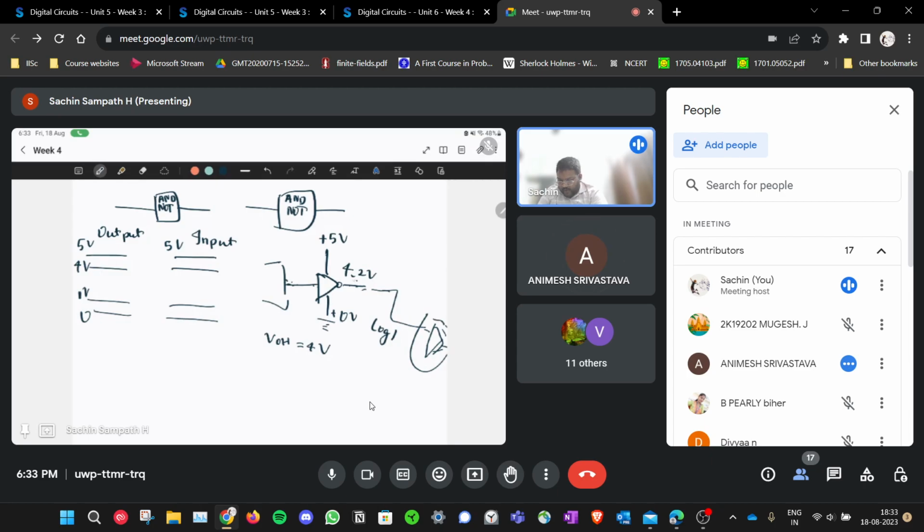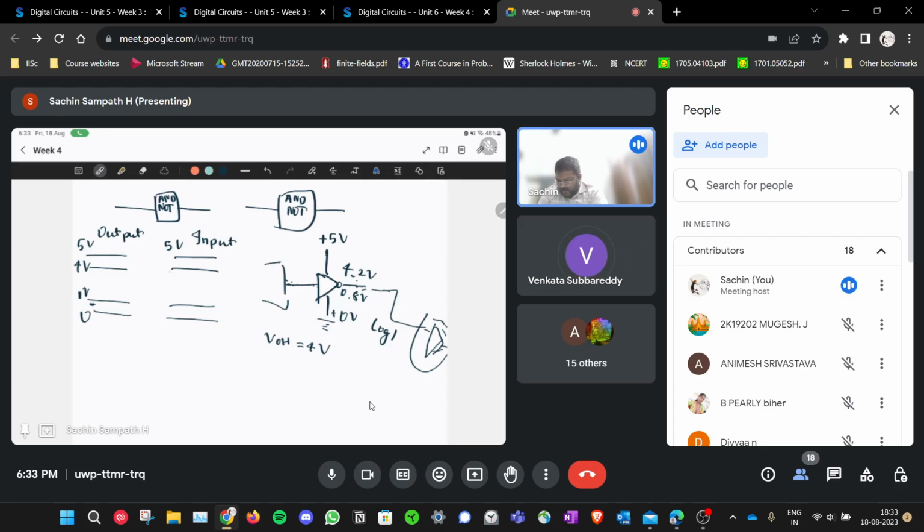And suppose this output is 0.8 volts. Since 0.8 volts is below 1 volt, this inverter is trying to send out a logic 0, and the circuits after that should also interpret this 0.8 volts as a logic 0 only.